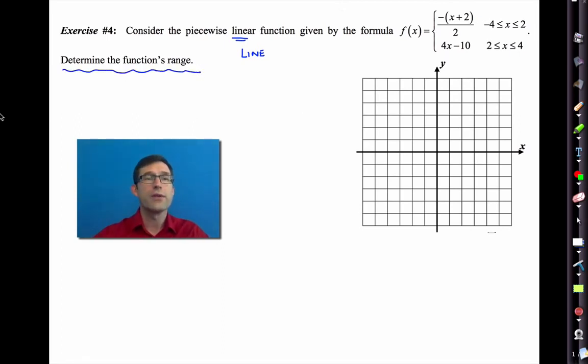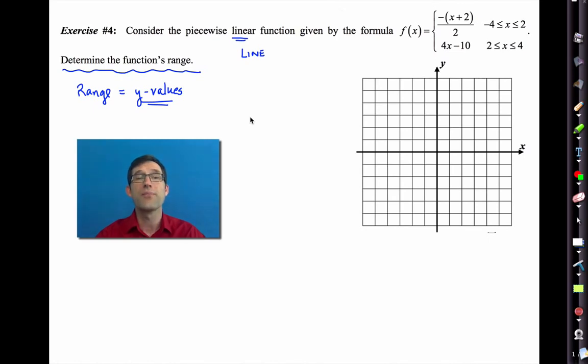Now, the range, as we saw in the last problem, is the set of all the y values. But it's hard to know what the y values are because I haven't produced a graph of this yet. So I'm going to use my graphing calculator to create this. Now we just learned how to use the graphing calculator to explore functions recently. So we're going to use it again.